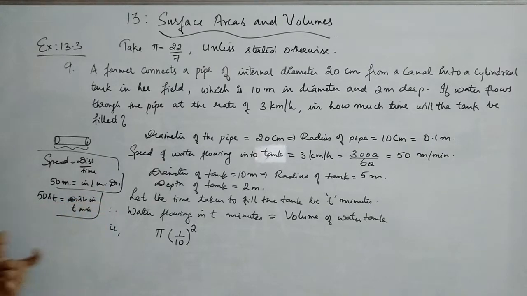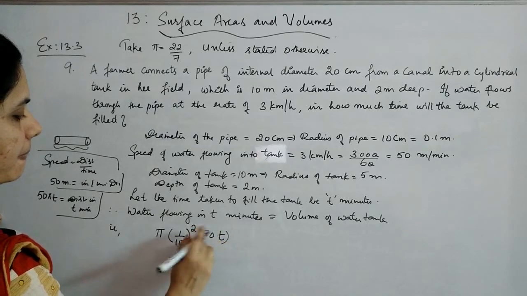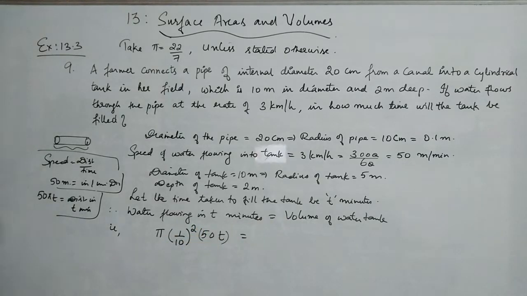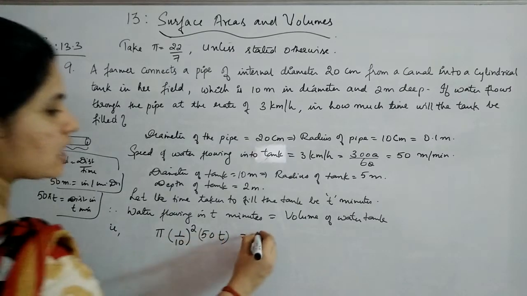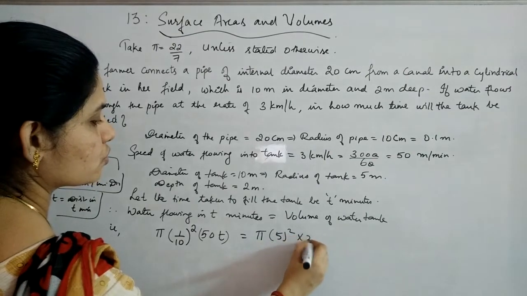That distance acts as the height here. So you get pi into (1/10) square into 50T, which is equal to the volume of the water tank, pi into r square h, where r is 5 and h is 2.